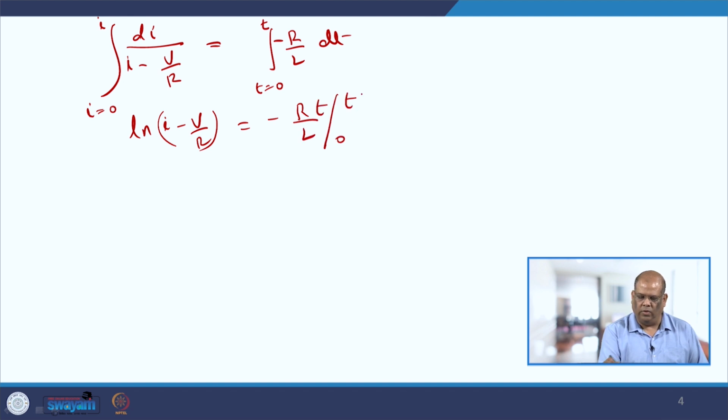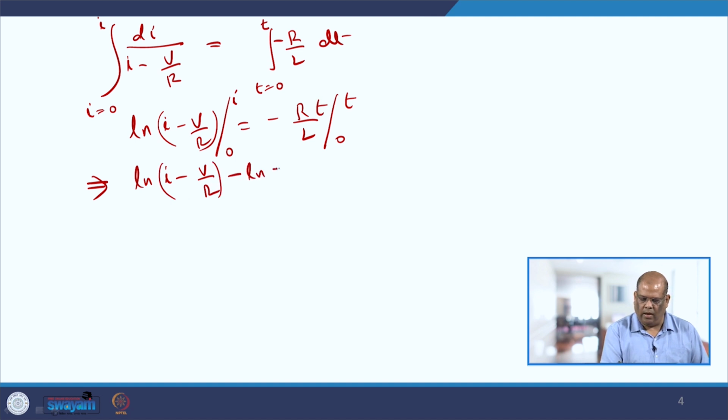If we substitute the values, it is ln of I minus V by R minus ln of minus V by R, which is equal to minus R by L t.